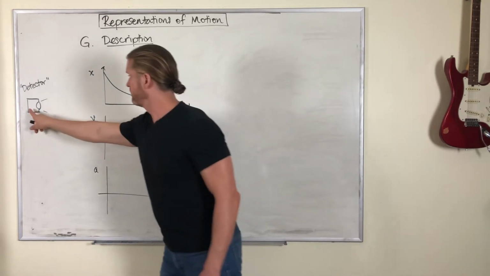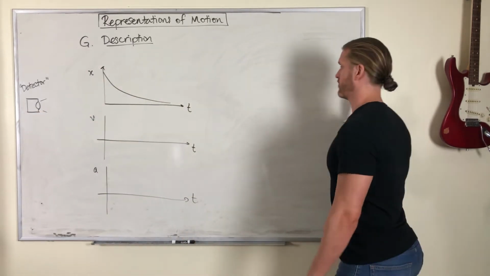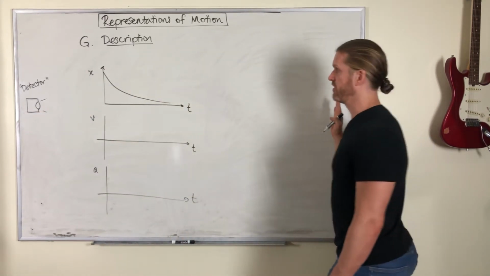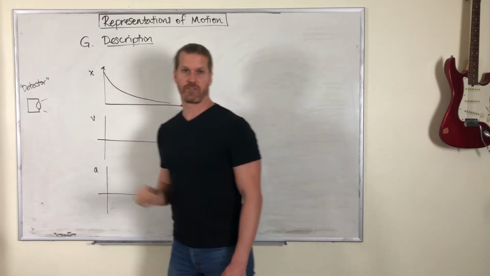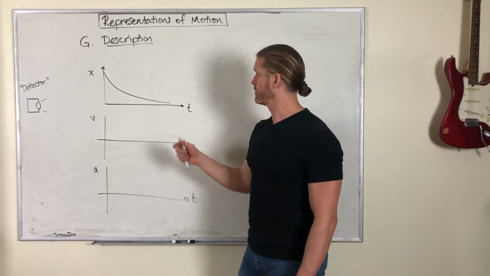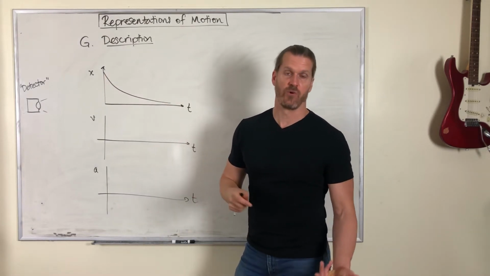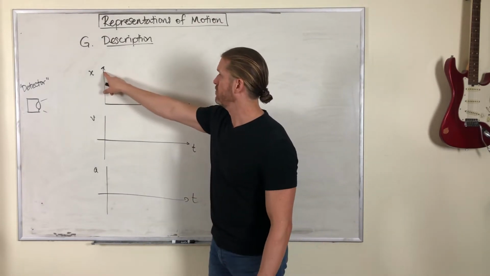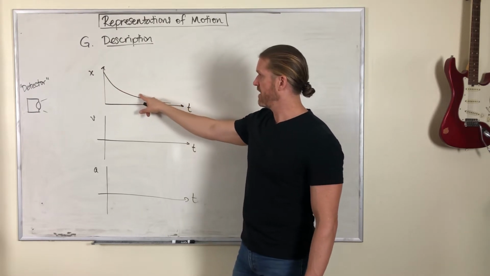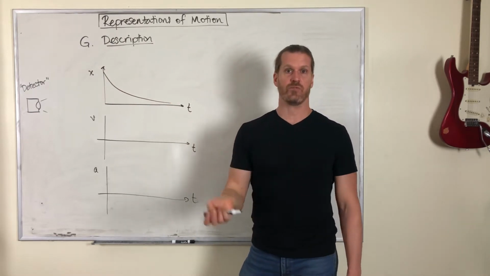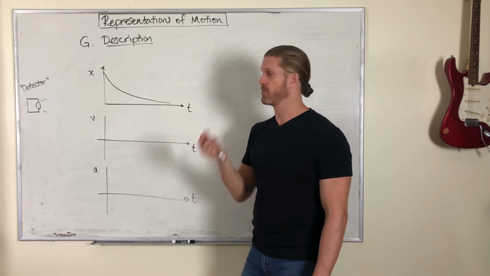So if you were moving relative to the detector, you would start out far at a large position, and as time progresses, move toward it and get closer. And notice that the rate that you're moving gets slower over time. Initially, you move toward the detector quickly, and then as time goes on, you move more slowly toward the detector.